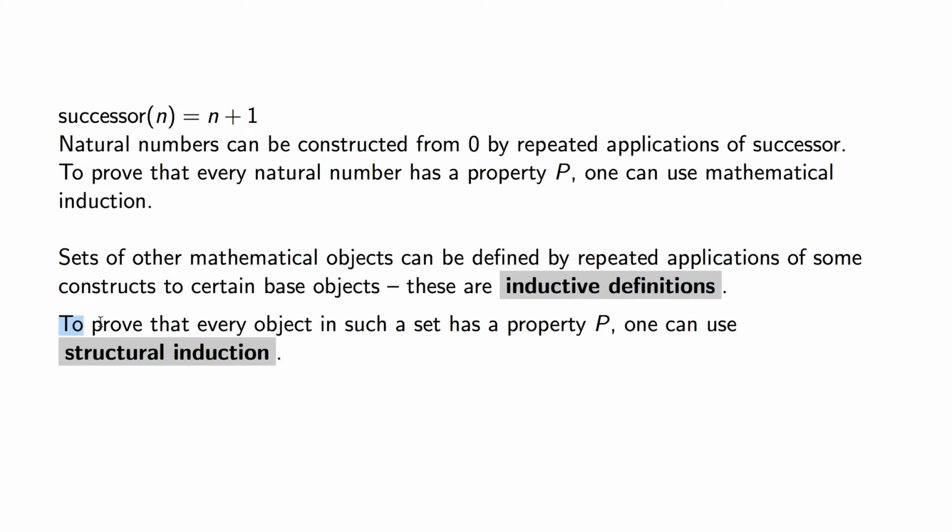To prove that every object in a set constructed via an inductive definition has a property p, one can use so-called structural induction. So structural induction is a simple generalization of mathematical induction as you know it for natural numbers.